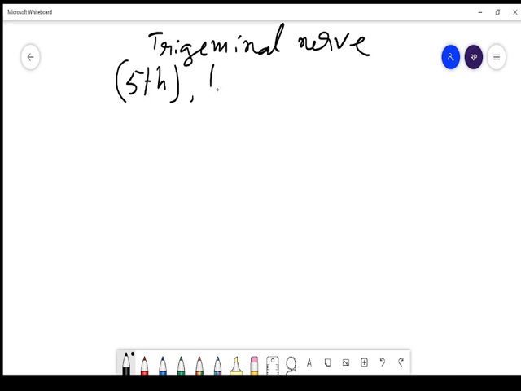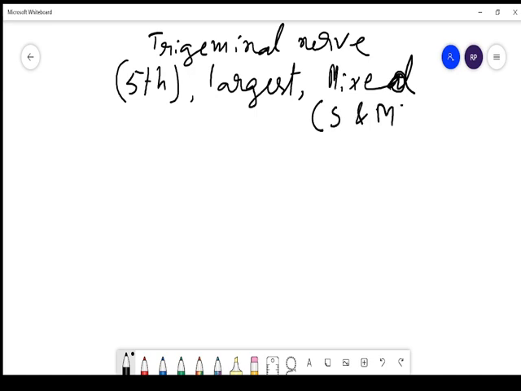It is the largest and it is a mixed nerve. That means it carries both sensory and motor fibers.